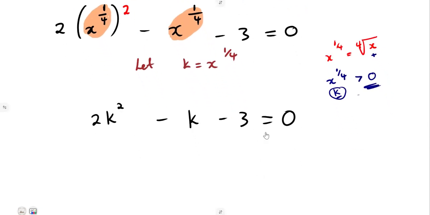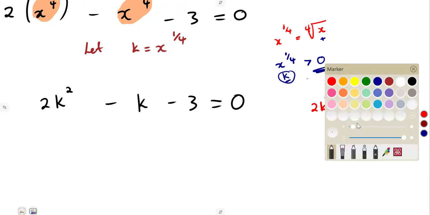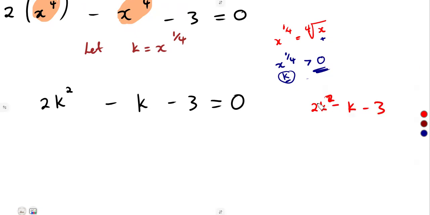All right, so this is what you're going to have. Let us solve. I'm just going to factorize this one here. Using our cheat method, remember we said the coefficient of k squared, you take it to the constant. So we multiply there.